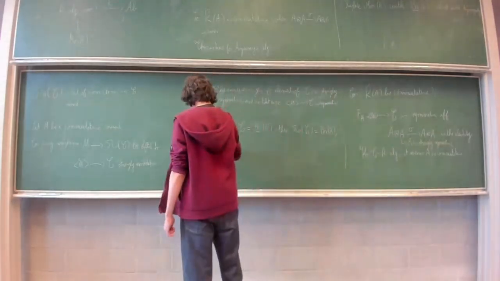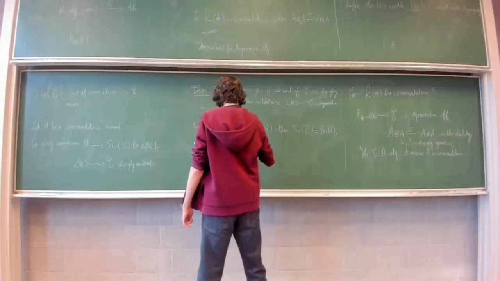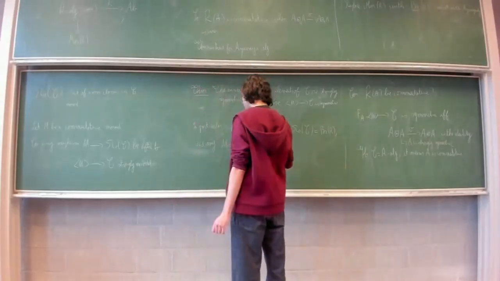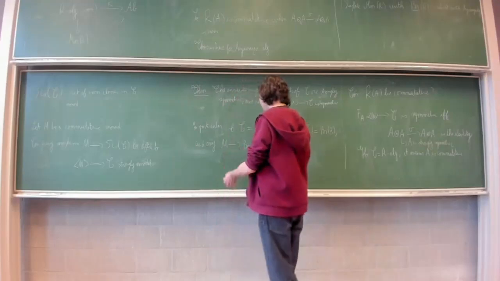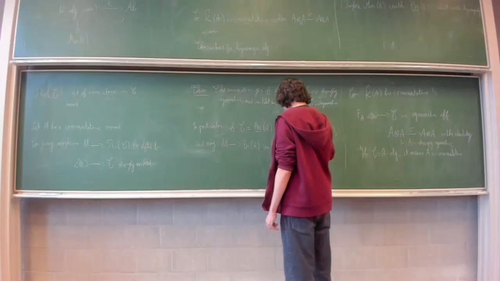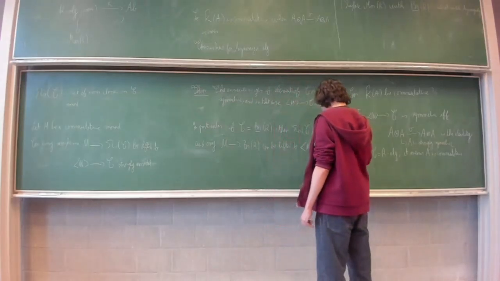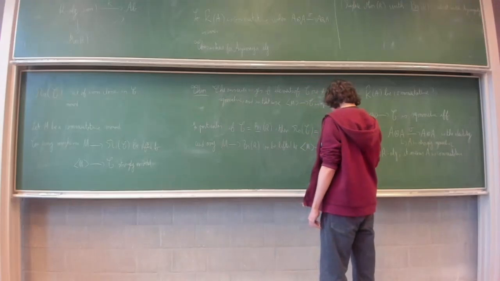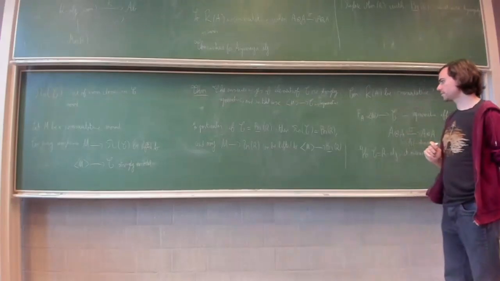And any monoid morphism from some commutative monoid to the Brauer group can be lifted to something like this.